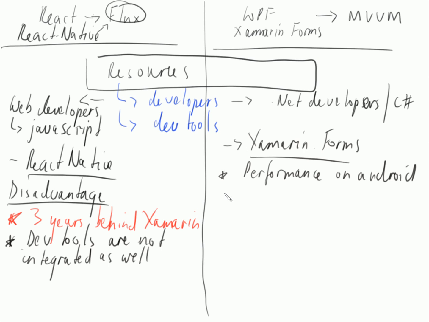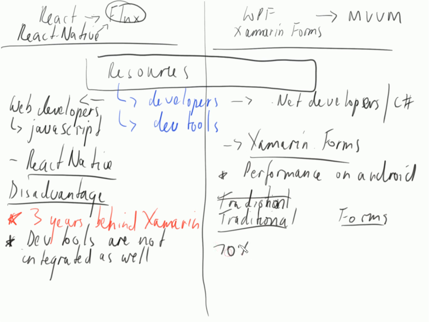You have Xamarin traditional, and Xamarin Forms. With traditional we can get up to around 70% code share. With Forms we can even get up to 95% code share.